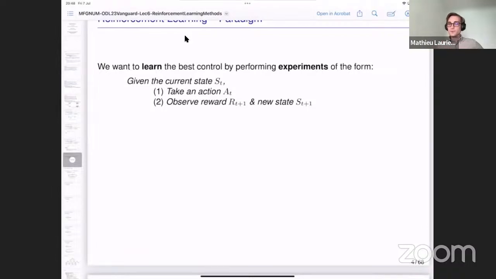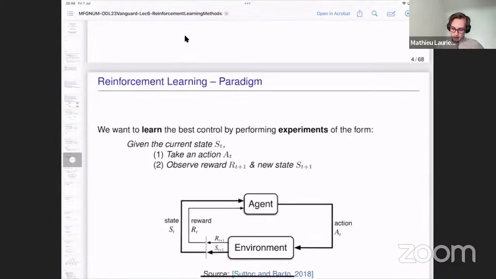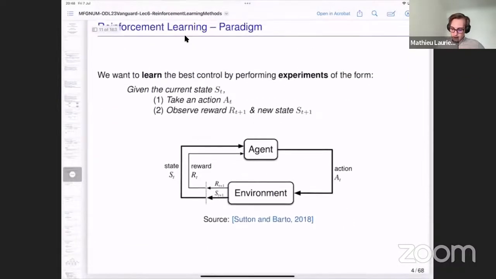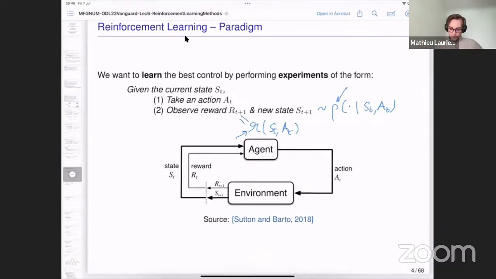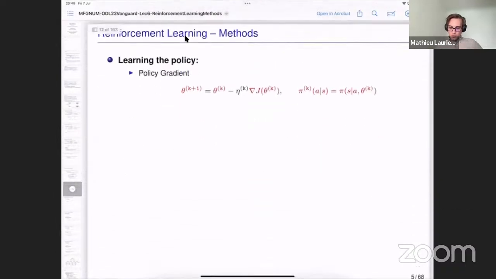But you don't know how they are computed, right? So basically, you have a picture like this, and S_{t+1} is distributed according to P of S_t and A_t, and you know that, I mean, the reward will be given by some function R of S_t and A_t, but the point is you don't know these functions P and R. So you just use samples and you try to learn the optimal behavior. Here I refer to the book of Sutton and Barto for more information.